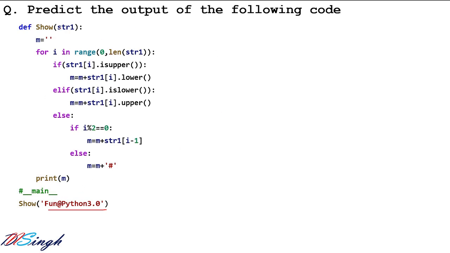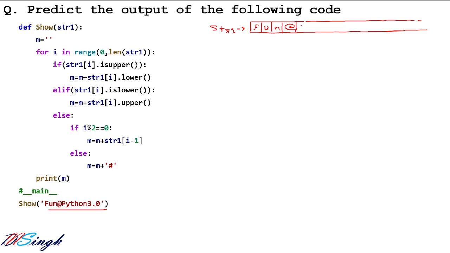So this string is being passed to the show function, and str1 will hold this string. Okay, so let us make a diagram for our string, and here we will write the elements or the characters which are present in the string. So F capital, u small, and n small, and then it has the at the rate.